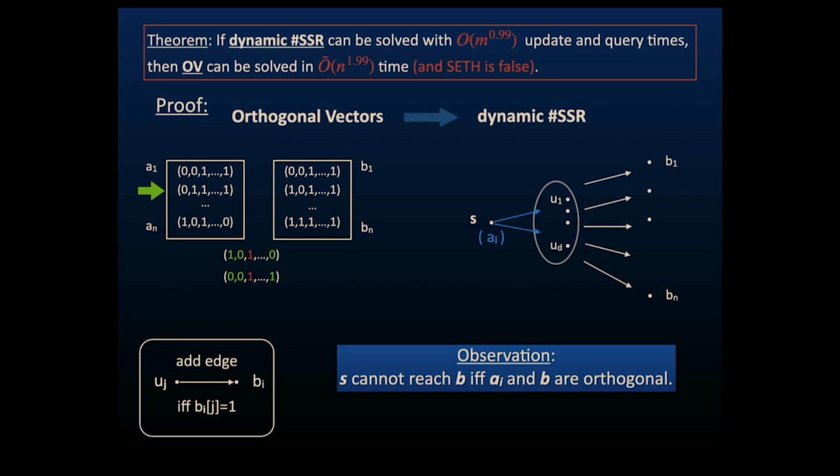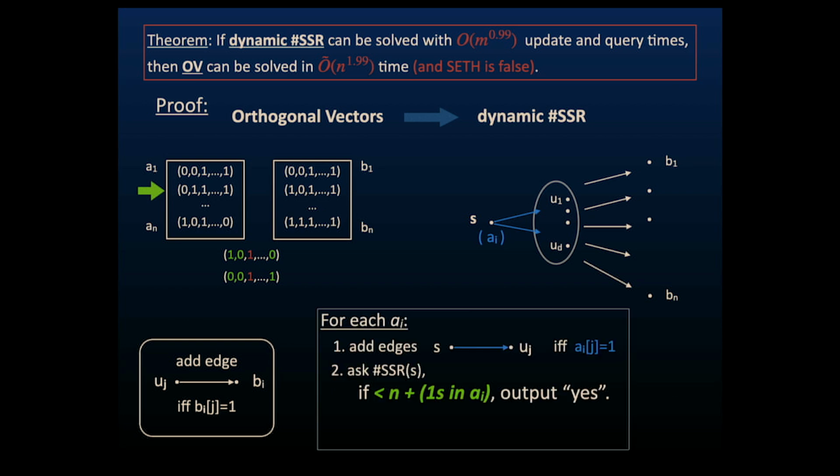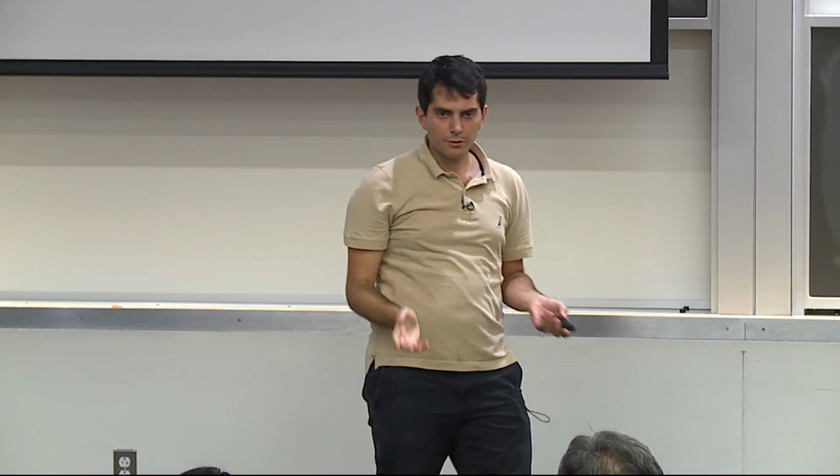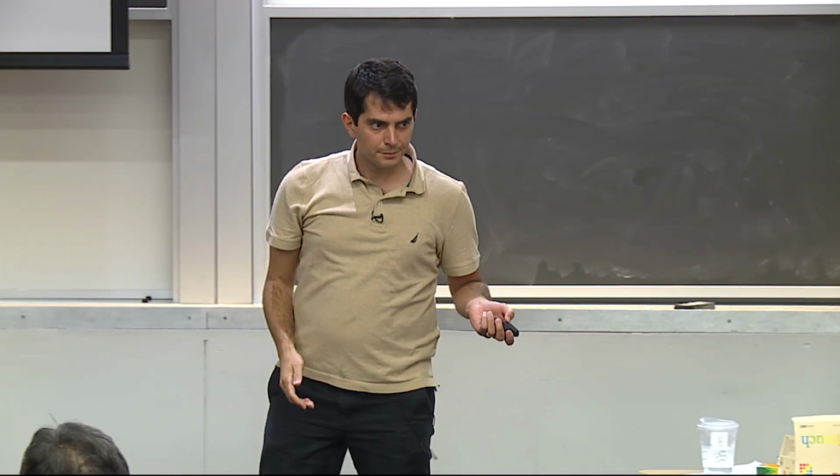If S cannot reach a node B, then it means that A was orthogonal to that B. So the number you expect to see is exactly n from the B side, and then you also reach some nodes in the middle layer, but you know exactly how many. It's just the number of neighbors you have. So if you notice that the answer is smaller than this, then you know that there's some B that I cannot reach. There's an orthogonal pair.